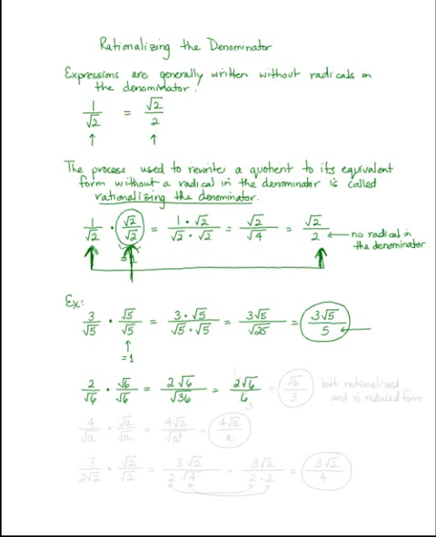Now notice, in our fraction that we have here, the 2 outside of the radical sign and the 6 in the denominator, that particular fraction can be reduced. 2 goes into 2 once. 2 goes into 6 3 times.